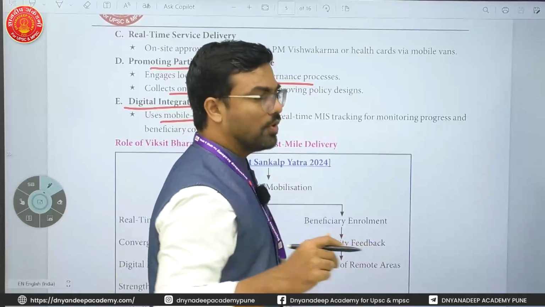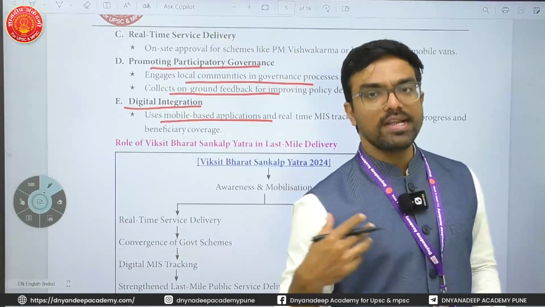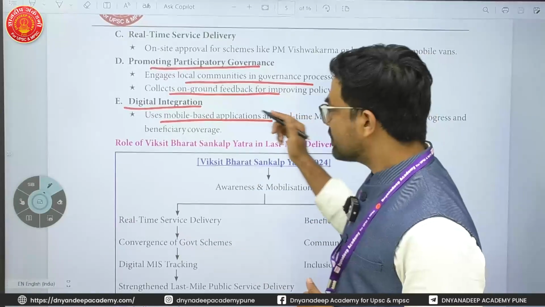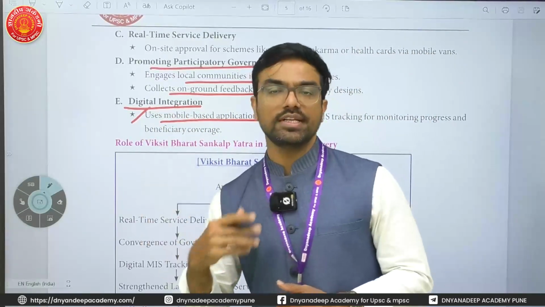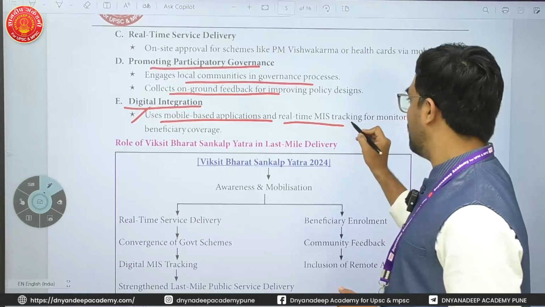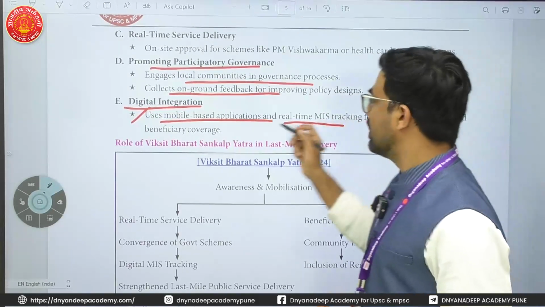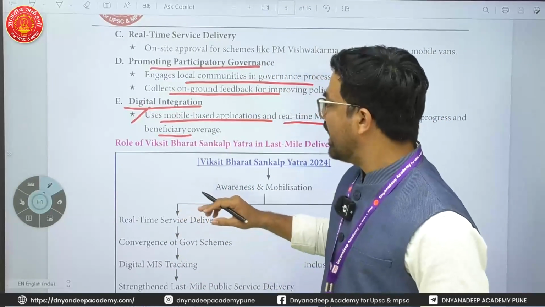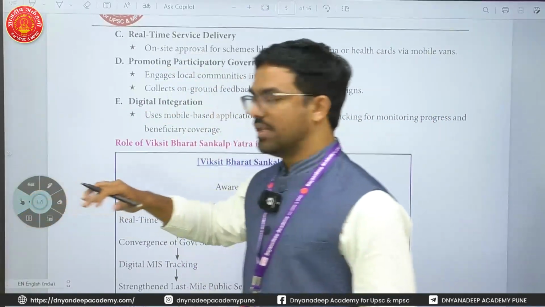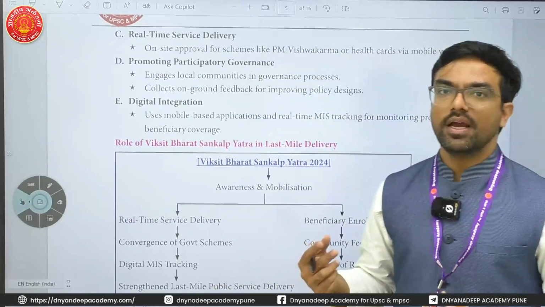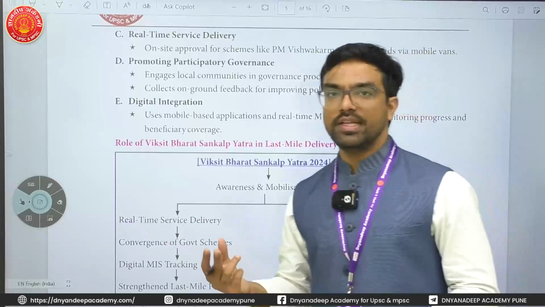Because it is providing services through mobile-based apps like Umang and others. It ensures that no one is left behind. Okay, and there is real-time MIS tracking, monitoring, and beneficiary coverage. So these are the advantages. This is how Viksit Bharat Sankalp Yatra ensures that last mile service delivery is ensured.